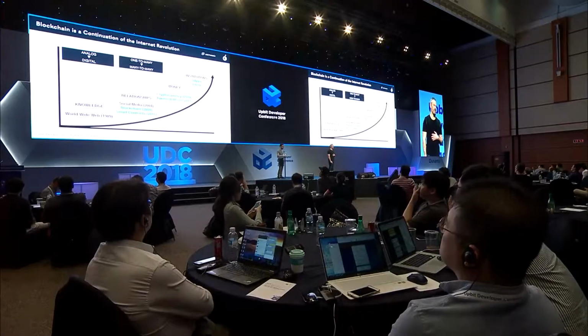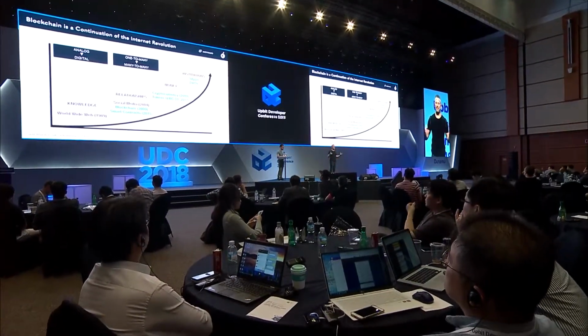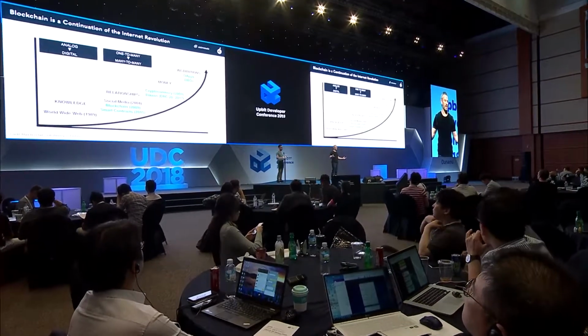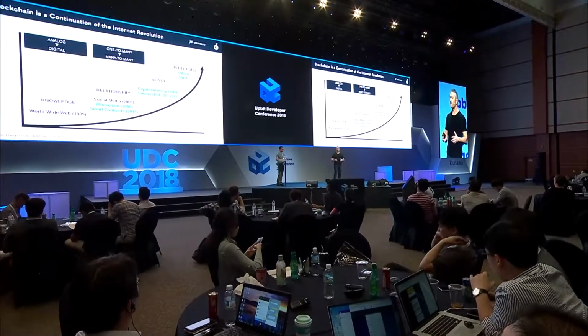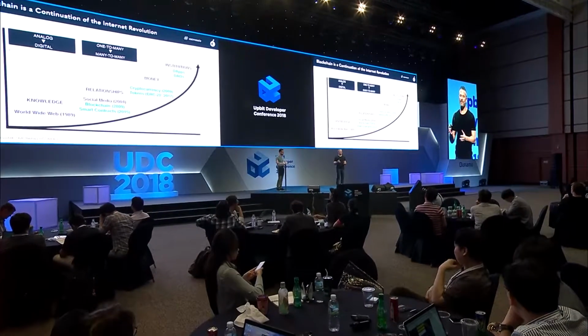And if you look at 500 years later, we had in 1993 a different Mosaic. We had the Mosaic browser, which really foretold the internet revolution. And in perspective, we're still very early in this internet revolution. And blockchain is a continuation of the internet revolution. We don't view it as a whole new revolution.